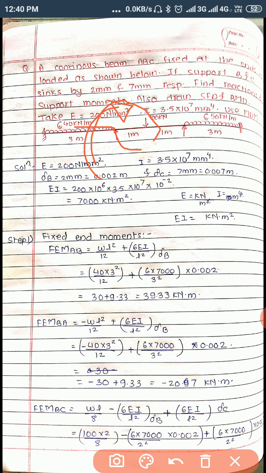To resist this settlement, the beam creates an anti-clockwise movement, and anti-clockwise movement we are considering as positive. The quantification of that anti-clockwise movement is 6EI/L² times delta B. Is it clear to you?